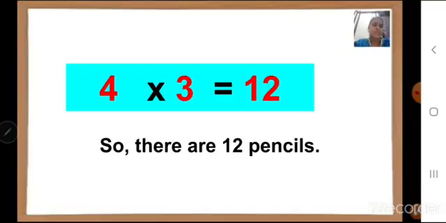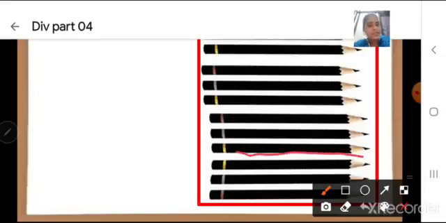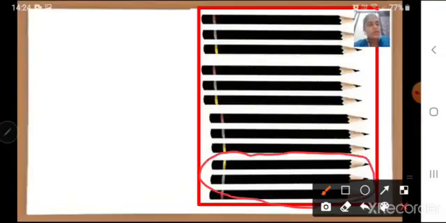This is our first case. Now look at one more scenario. Here we have a total of 12 pencils. Okay. And if each box can accommodate 3 pencils, then how many boxes are needed for 12 pencils, children? Now see, a total of 12 pencils are there. In one box we can fit only 3 pencils.